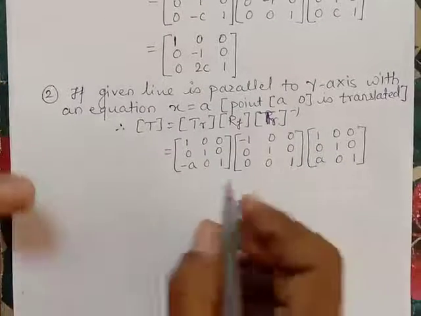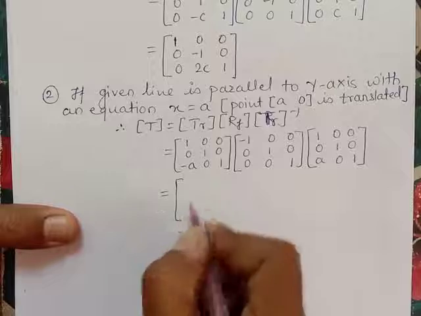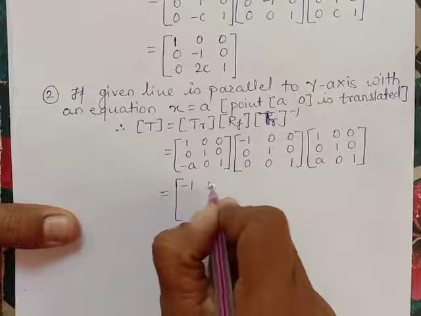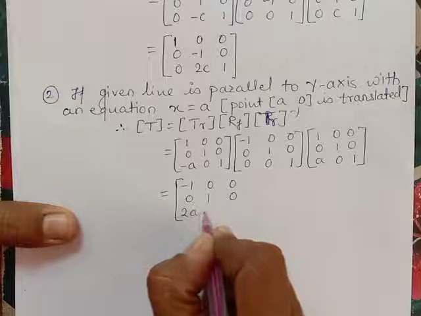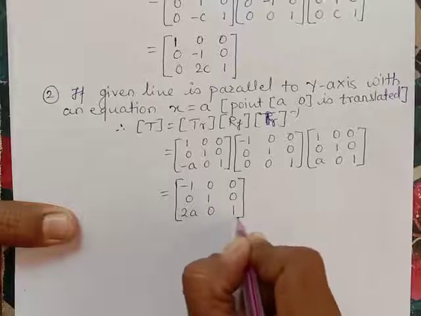So the matrix is minus 1 0 0, 0 1 0, 2a 0 1.